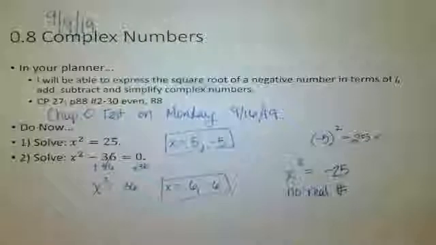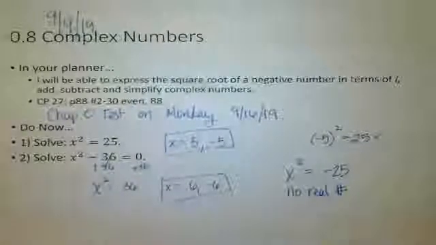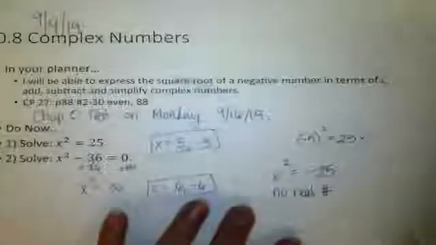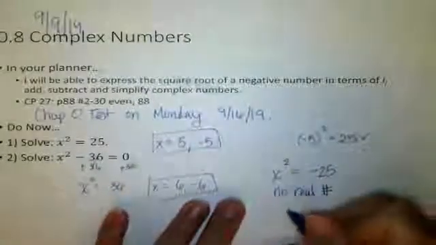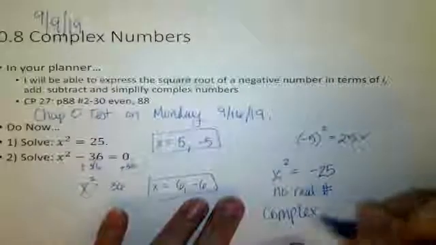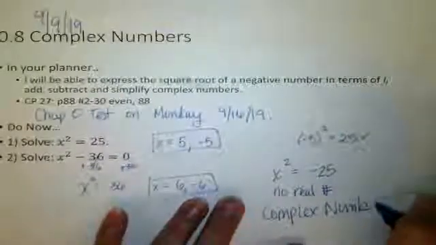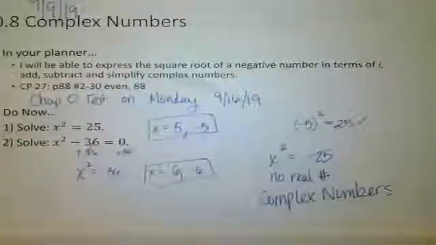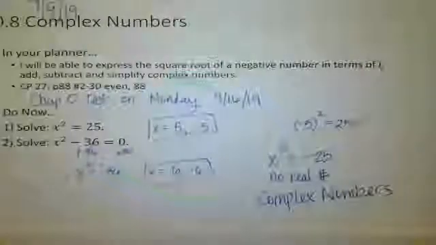And so in order to find the solution to this, they said we need a whole new number system. And that whole new number system is the complex numbers. The complex number system includes imaginary numbers.